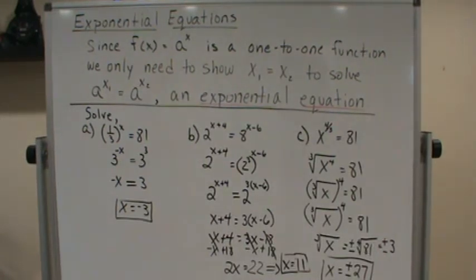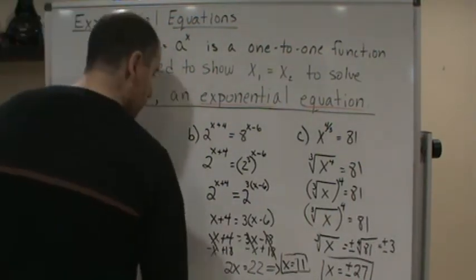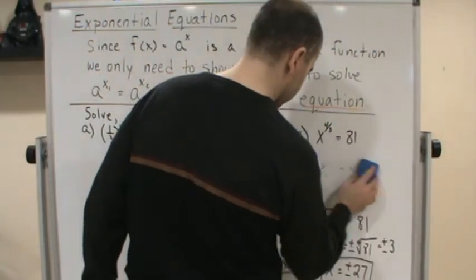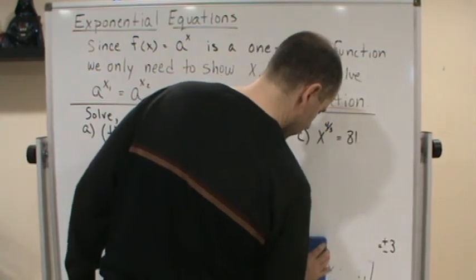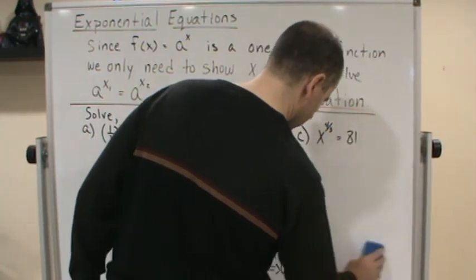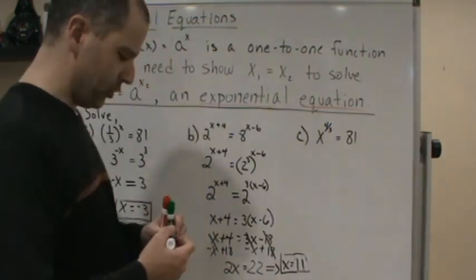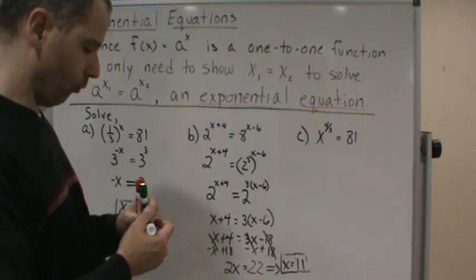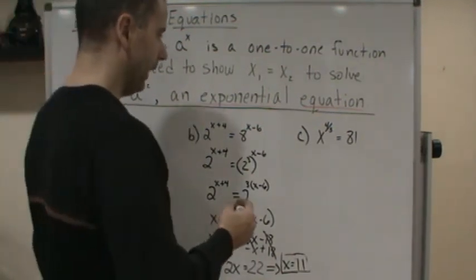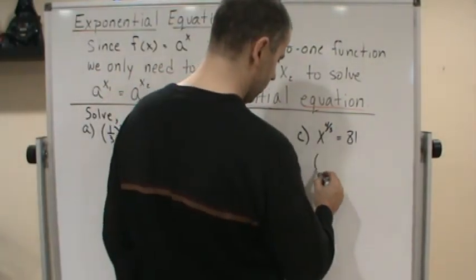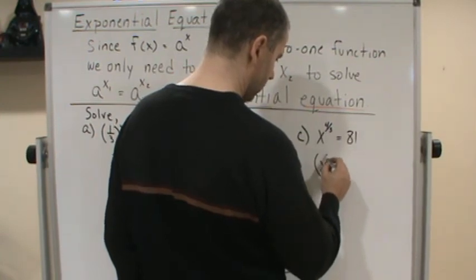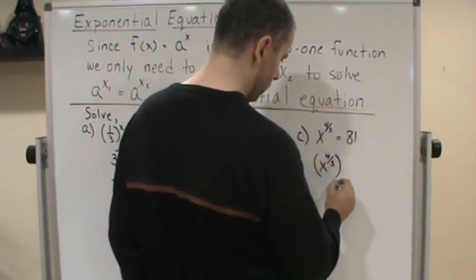Now an alternative way to do it is to use the power rule. So let's go back here, and let's raise both sides to a power of 3.